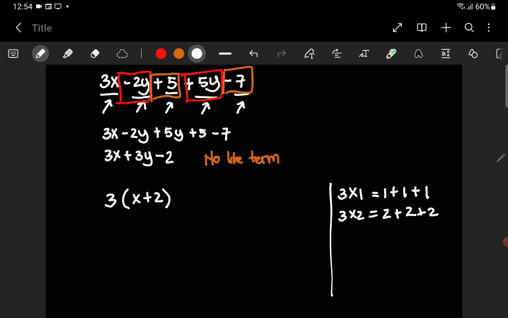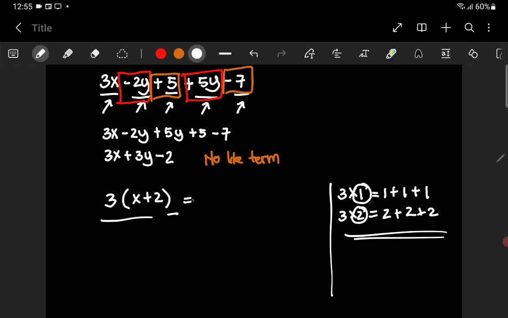So these questions have the same format as this one, but the difference is instead of having 1 and 2, you have an expression, but the meaning of it is the same.